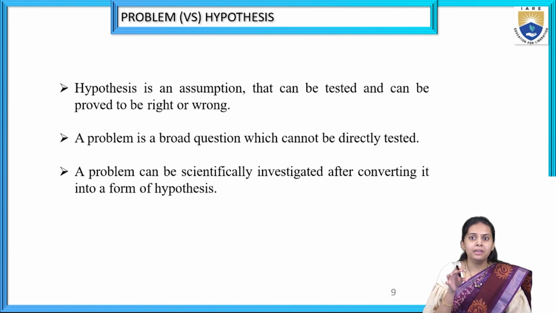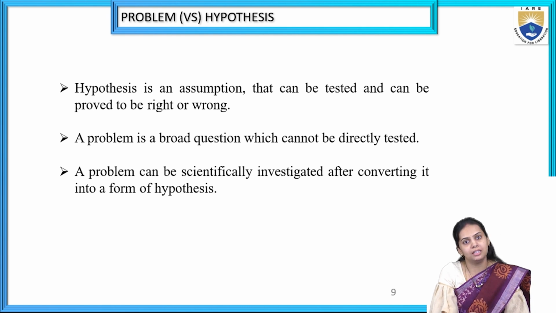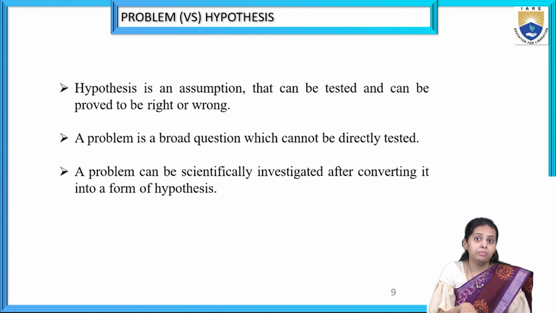The problem can be scientifically investigated after converting it into the form of a hypothesis. Because the problem is very broad, we can't test it directly, whereas a hypothesis is an assumption that we make first, and that can be tested and proved to be right or wrong.